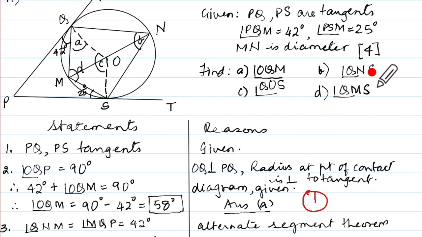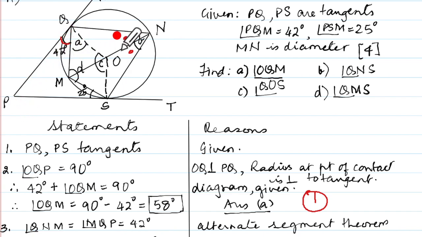Now for the second one, QNS, since I'll have to keep shuffling from the diagram to here, I'll just explain it to you in the diagram, and then you can look at the way it has to be presented. This B is made of this angle and this angle, and this angle over here is made by the QN chord and PQ tangent.